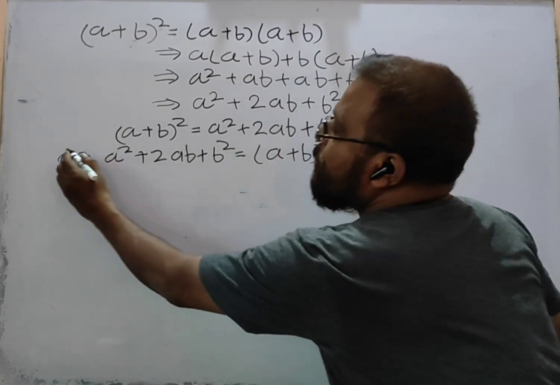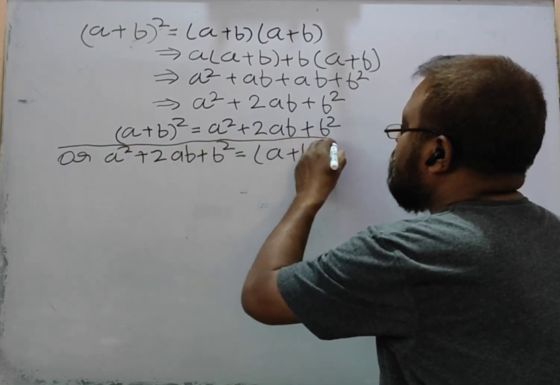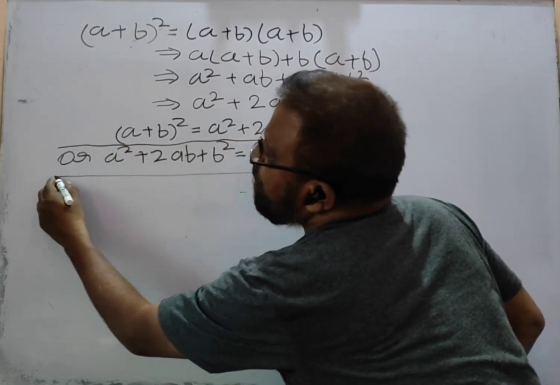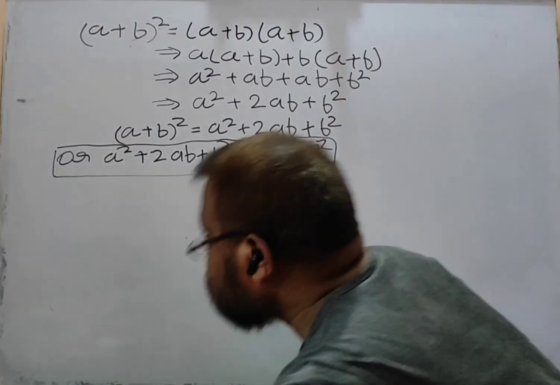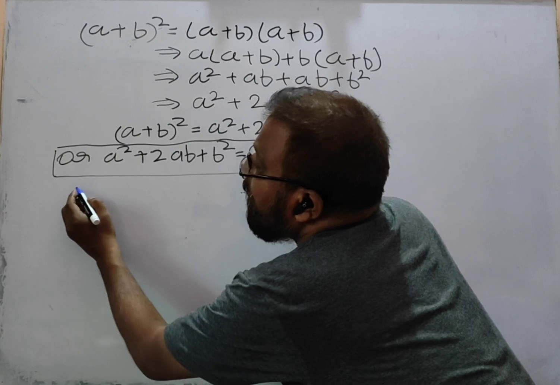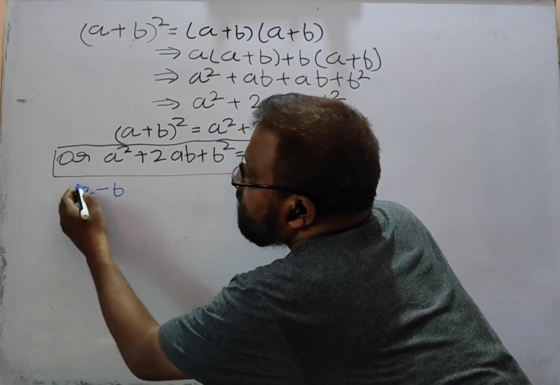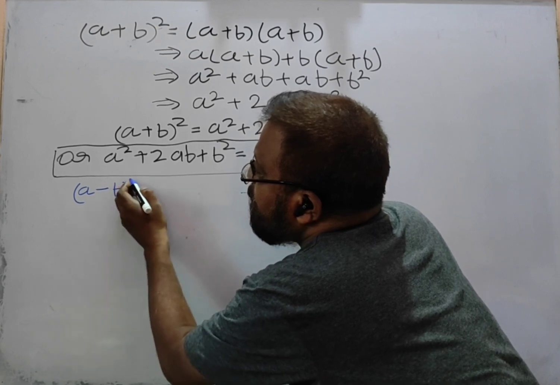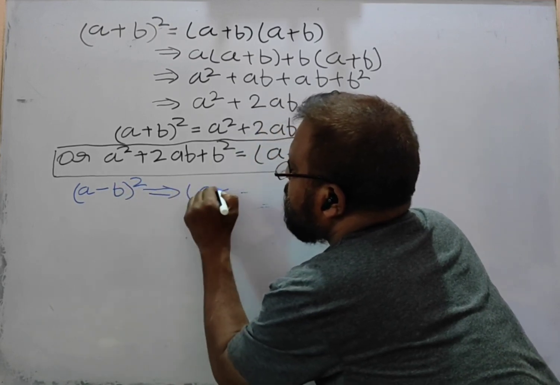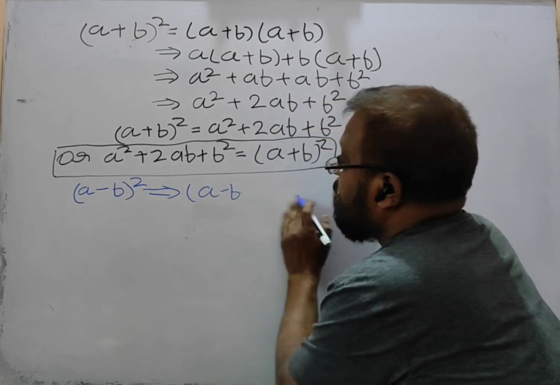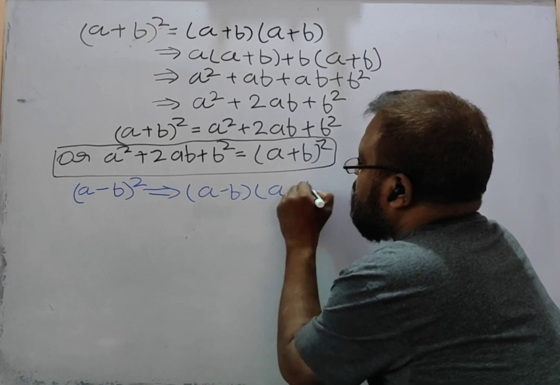This is one identity of algebra, right? And the next one which we are using here is a minus b whole square. A minus b whole square means a minus b into a minus b, right?